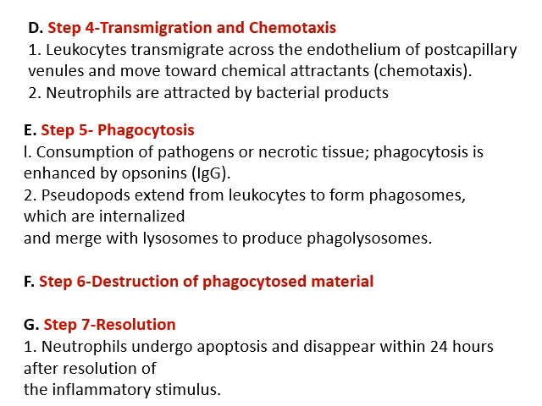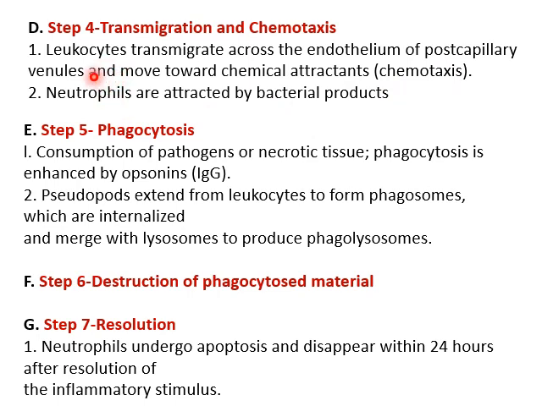So now we move to step number 4, the transmigration and chemotaxis. Leukocytes transmigrate across the endothelium of the post-capillary venule and move toward the chemical attractant, the chemotaxis.